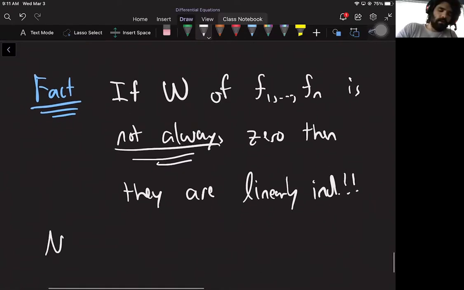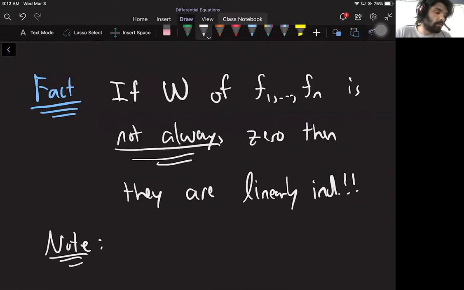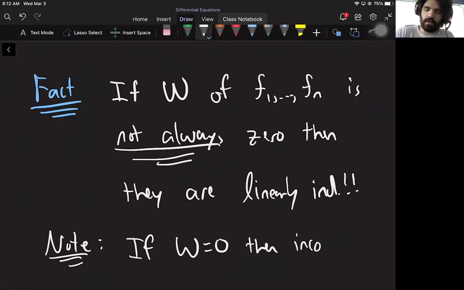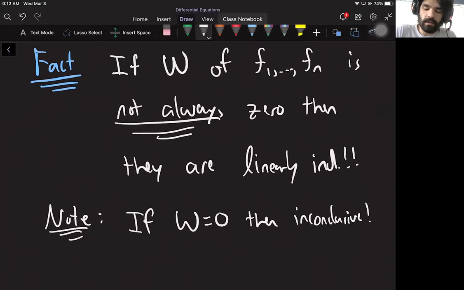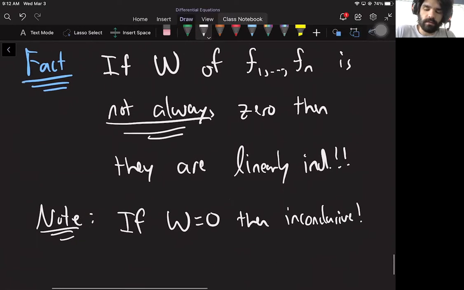So then just to note, this is how logic works. If you do get 0, it tells you nothing. Inconclusive. And you have to try to figure out some other way of telling. Just so you're aware. So if it's not always 0, then it's linearly independent. But if it is always 0, then it's inconclusive.